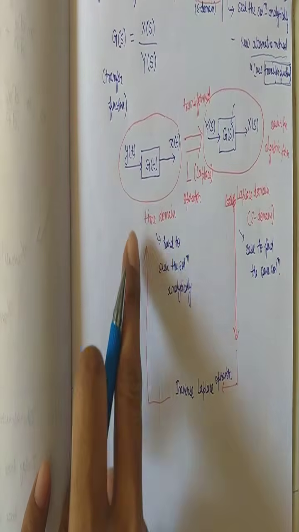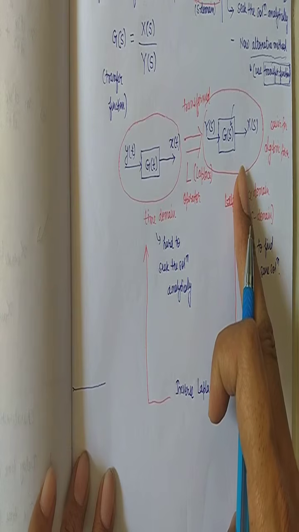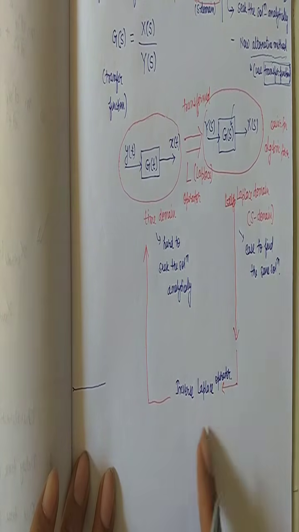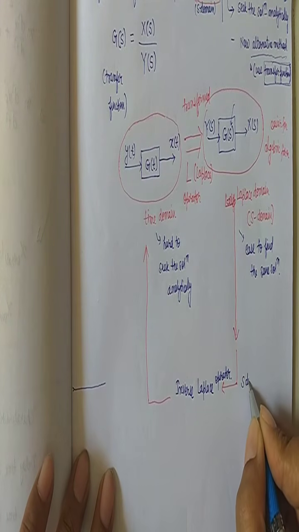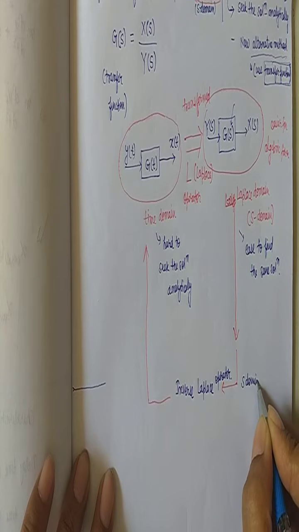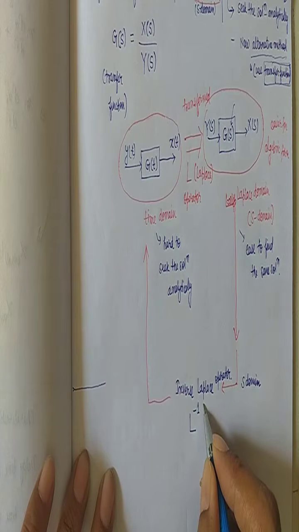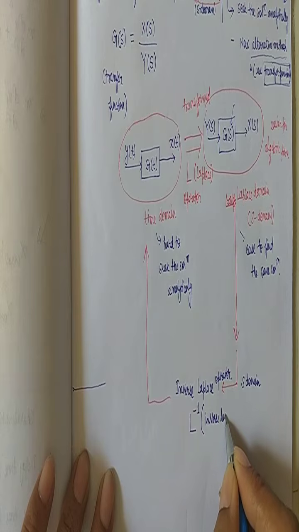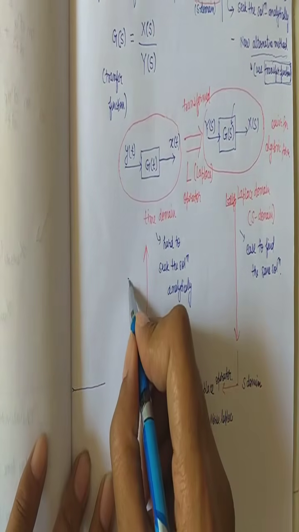So what we do, since this is hard to solve, we convert this into another form of equation and do the calculations. Whatever output we have got, the solution is right now in S domain. We transform it back through an inverse Laplace, and we get everything in time domain again.